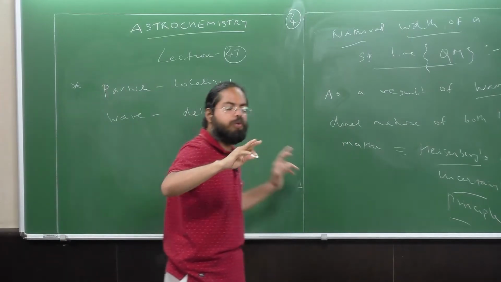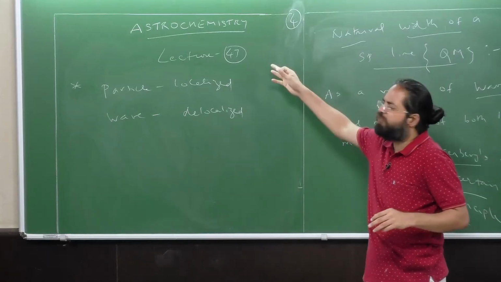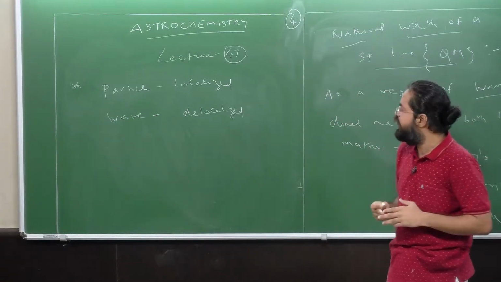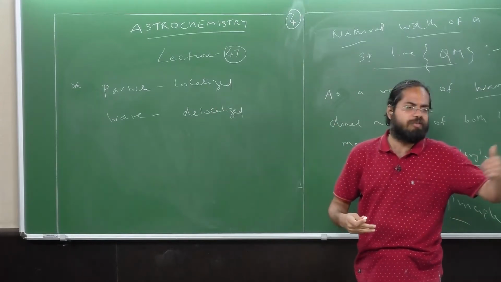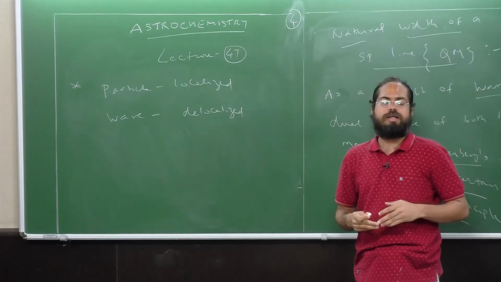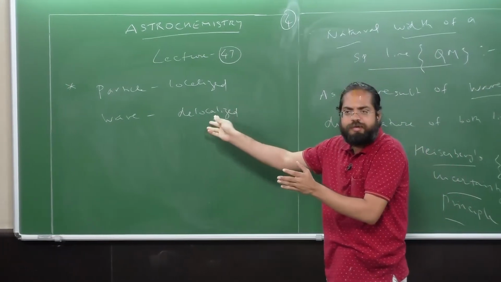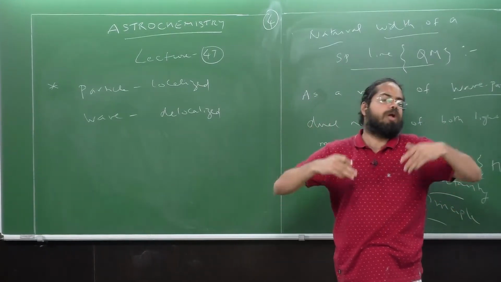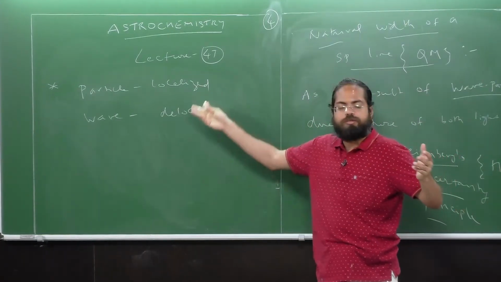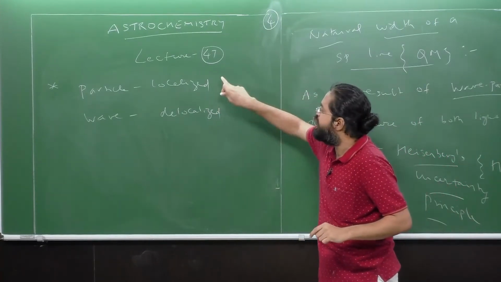I would exhort you to go back to that lecture, some 10 or 15 lectures earlier, where we looked at various properties such as mass transfer, energy transfer, and the definition of a well-defined number of waves versus a well-defined number of particles, and one of them exhibiting interference and the particles not exhibiting interference, etc. The crux of the issue is that a particle is localized.